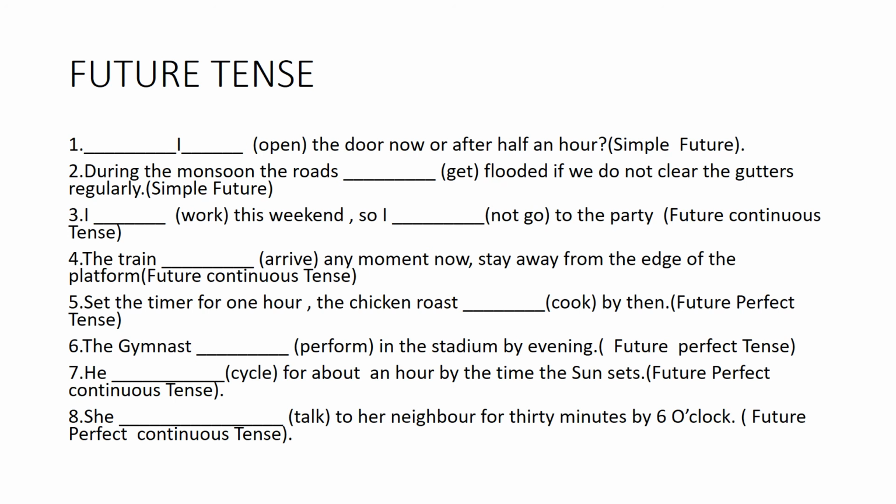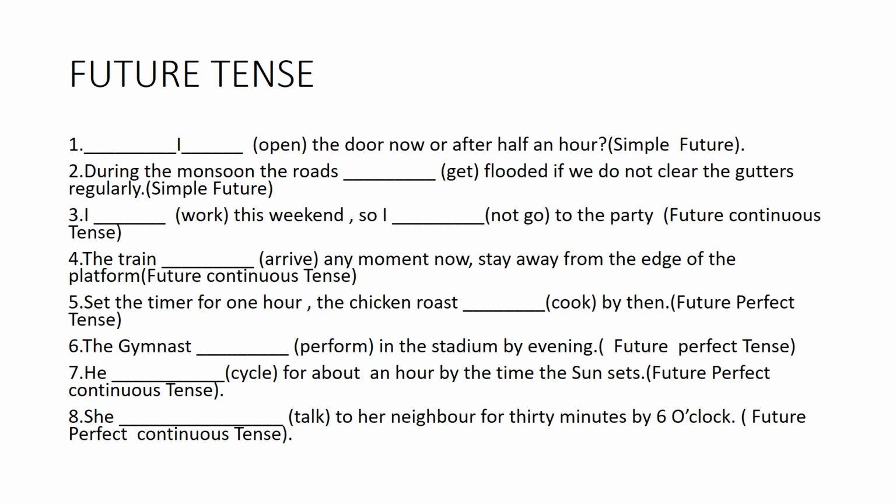The fourth rule, future perfect continuous tense. If the subject is I or we, we have to use shall have been plus verb ending in ing. If the subject is you, he, she, it, they, use will have been plus ing. The subject is he.